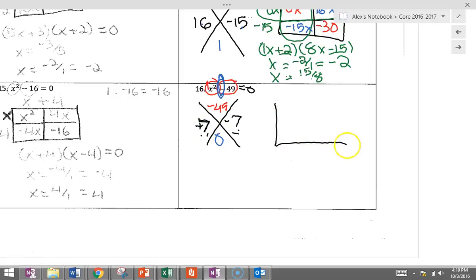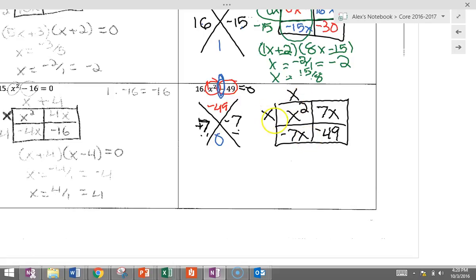So when I draw my box, I have x squared and negative 49 stay the same. These split up that middle term, 7x and negative 7x. Okay? This goes back to it's just x squared.